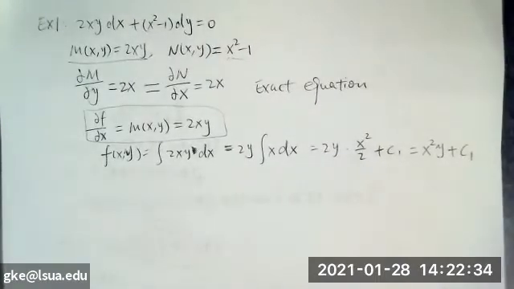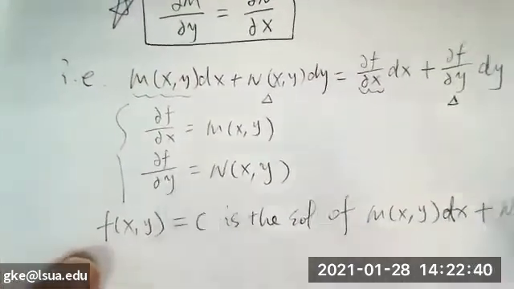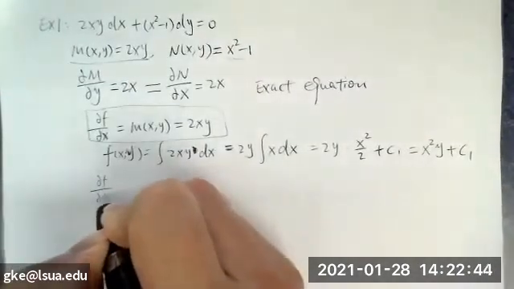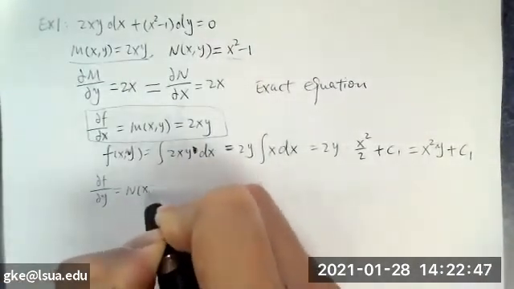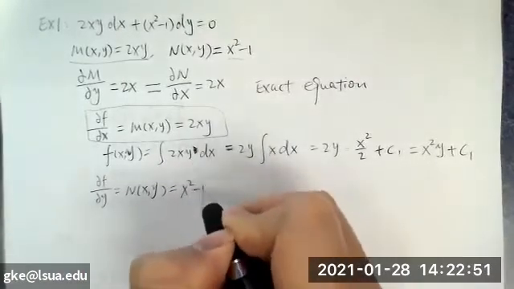That's the first one. Now we're going to check the second one, partial f over partial y, that is x squared minus 1.